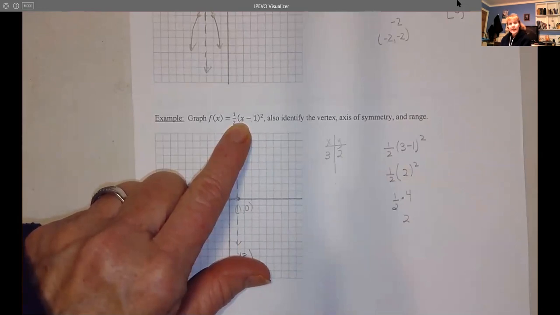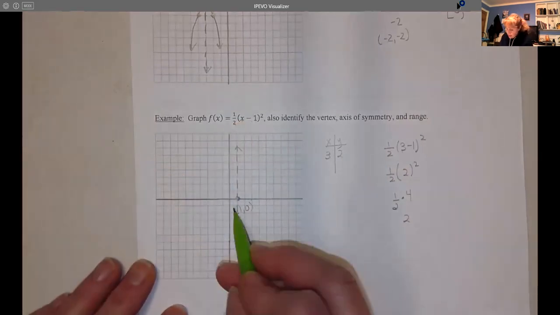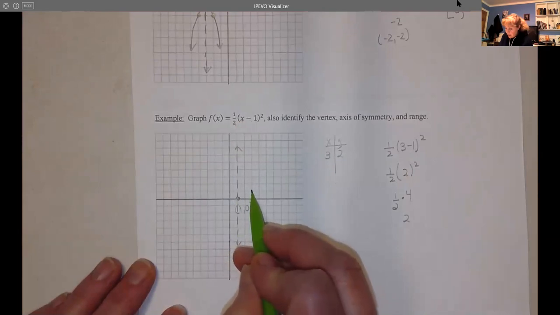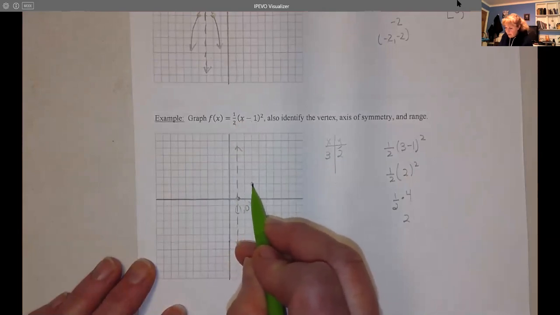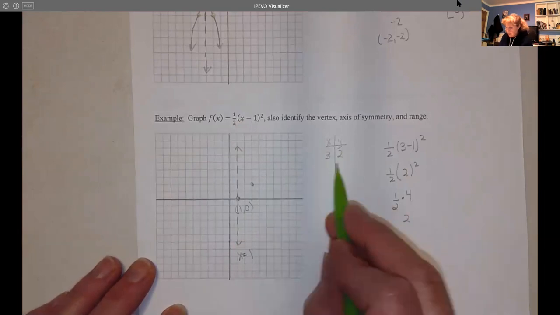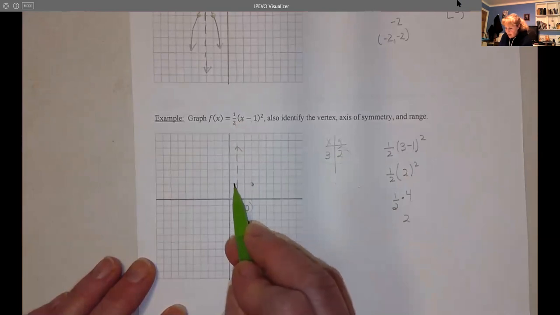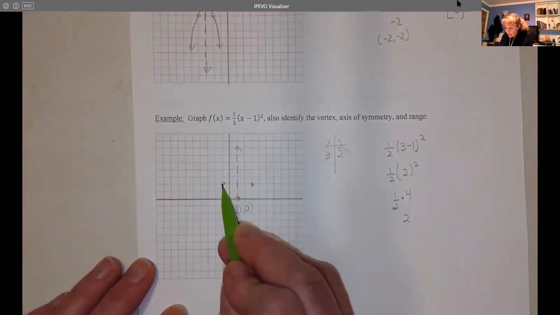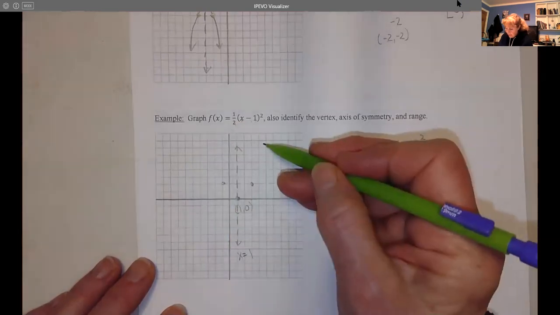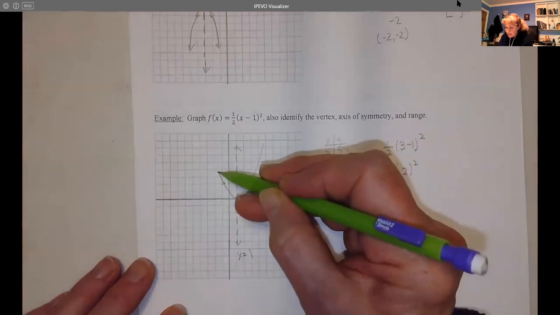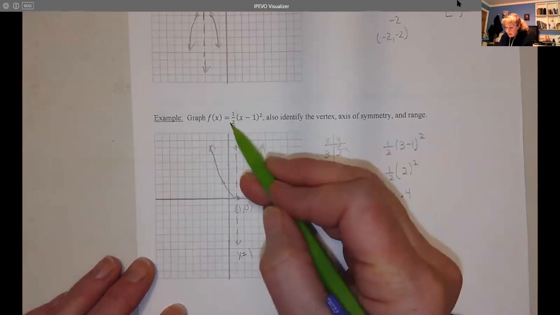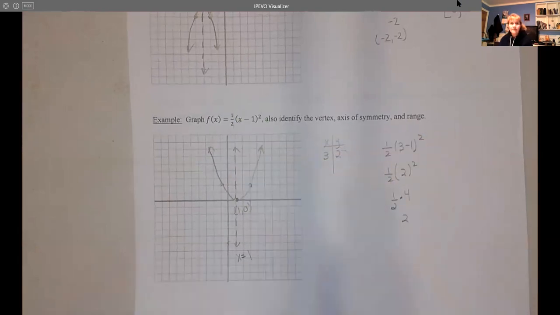So we get 3, 2. Let's go to 3, 2. There's our point 3, 2. It's 2 away, so on the other side, it's also 2 away. It's opening up, which is what we expected, because this is a fraction, and it is a little wider than our x squared. Yeah, it worked.